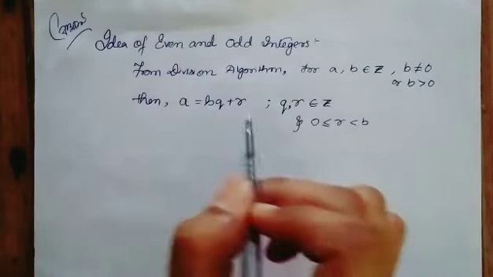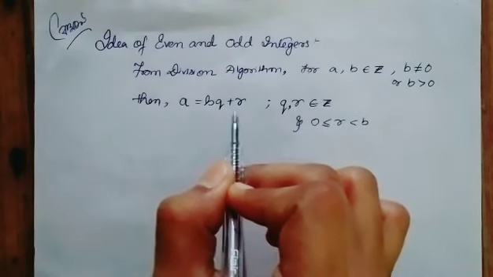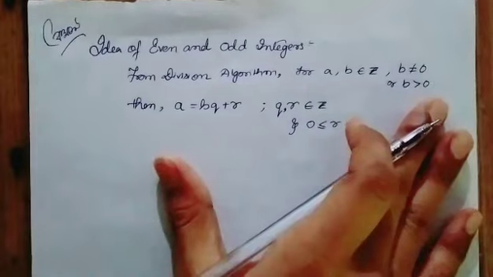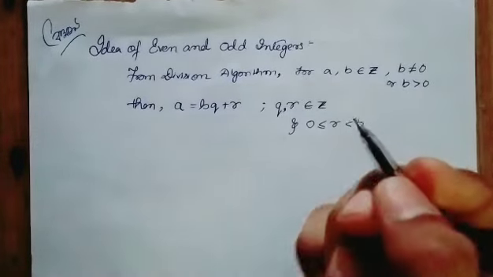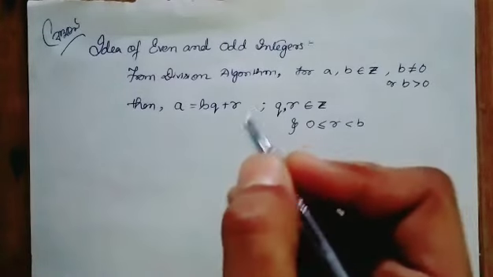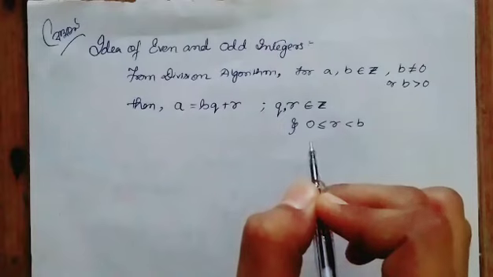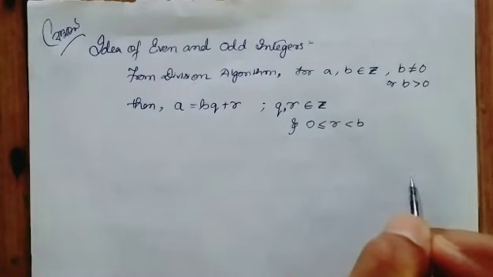That is, dividend is equal to divisor into quotient plus remainder. So for q and r to be integers, the condition for r is that r is greater than or equal to 0, but always less than b.